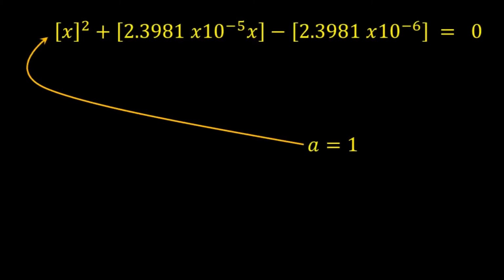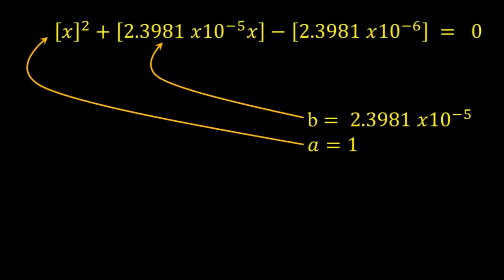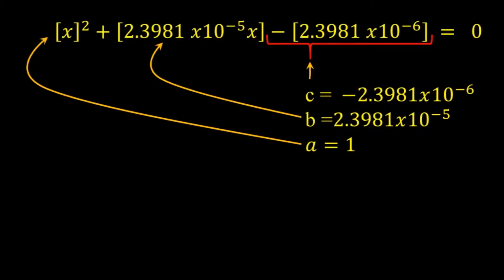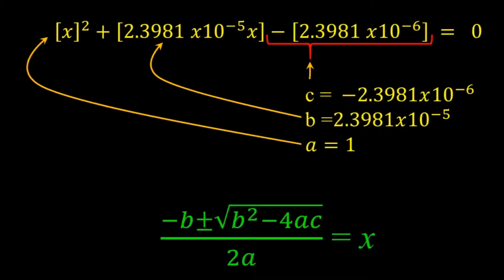That's going to be A is 1, B is 2.3981 times 10 to the negative fifth, and C, notice, is negative 2.3981 times 10 to the negative sixth. Now we're going to use the quadratic formula to solve for X. That's what we're solving for.